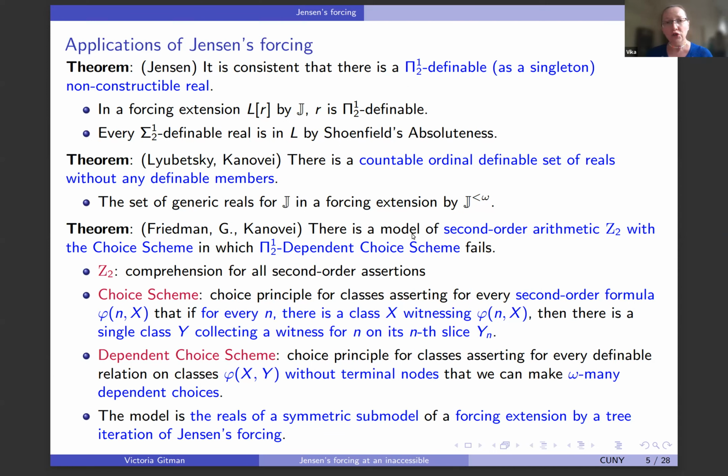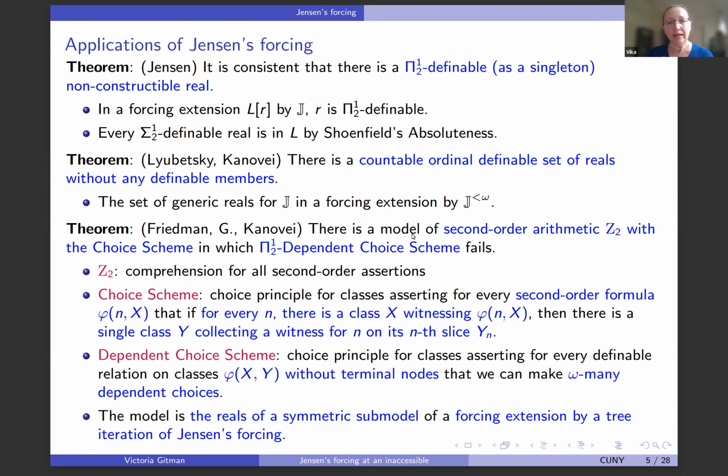And so Jensen showed that this is optimal, because there can consistently be a Π^1_2 definable non-constructible real. Namely, his example was the Jensen generic real in the forcing extension of L.